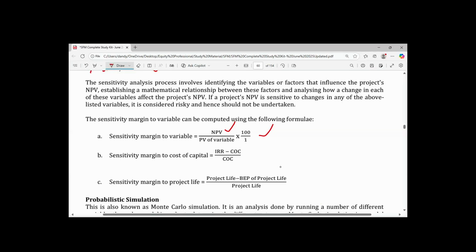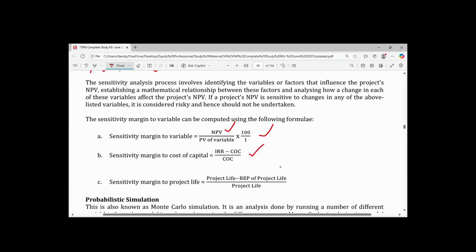Okay? Now, the second formula: examiner can ask you to calculate sensitivity margin of cost of capital. The sensitivity margin of cost of capital is computed as internal rate of return minus cost of capital, over cost of capital.